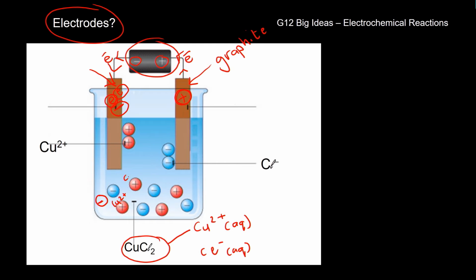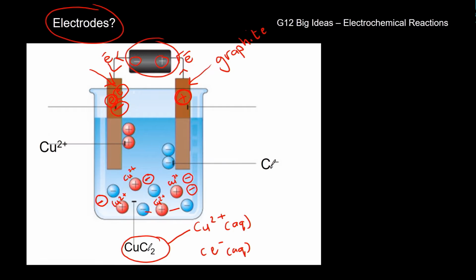Copper 2+ on this side, so there will be another chloride ion. Copper 2+, and we'll have a negative and a negative chloride ion. Right, so that's what our electrolyte is looking like.